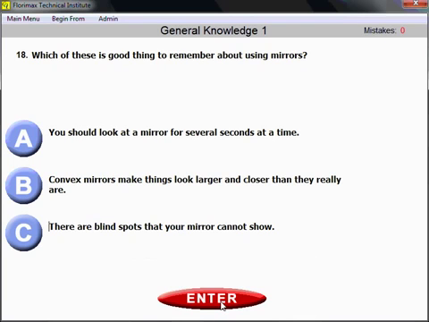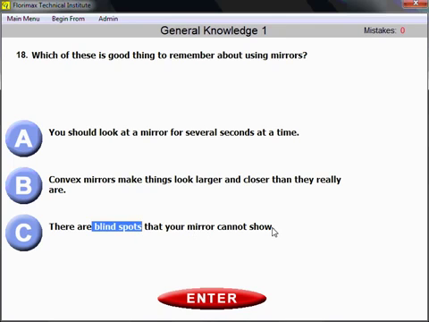Question number 18. Which of this is a good thing to remember about using mirrors? How you are supposed to use mirrors? And please remember, when you use mirrors, never forget there are blind spots that your mirror cannot show.